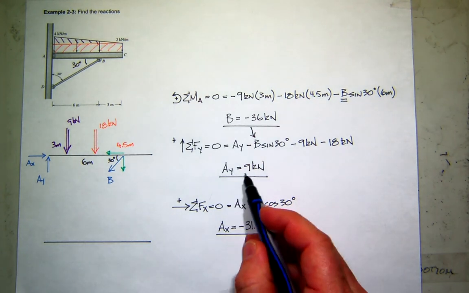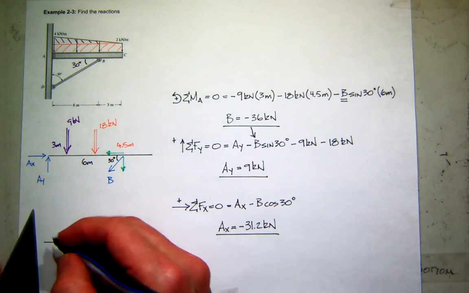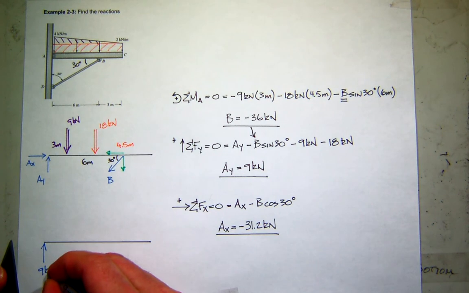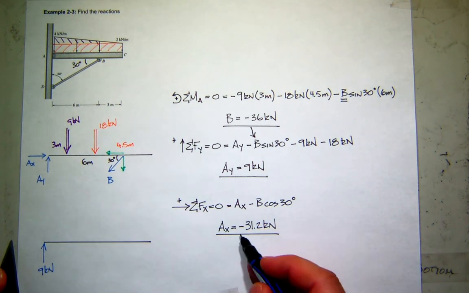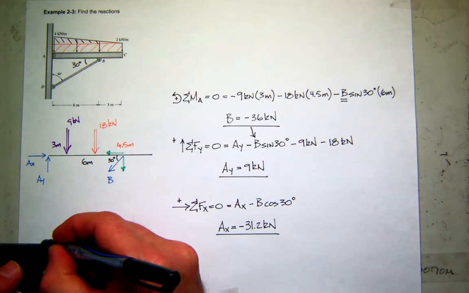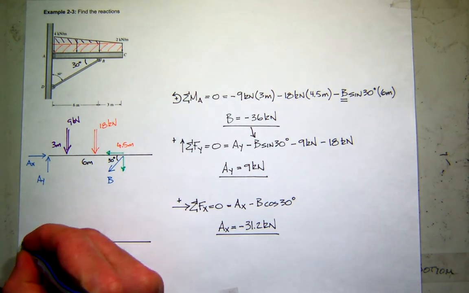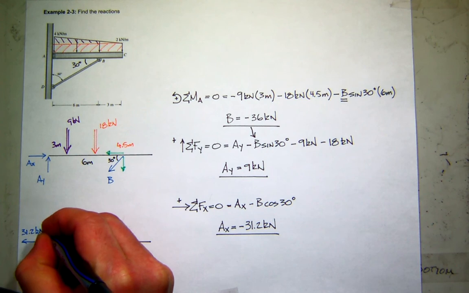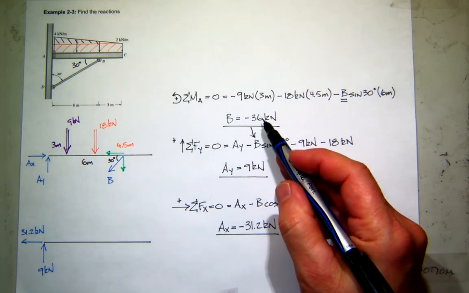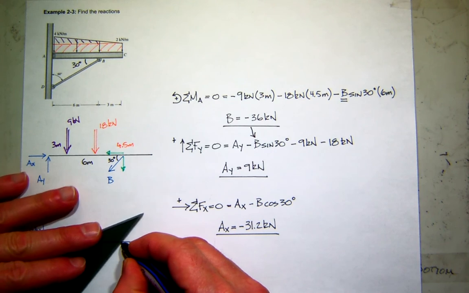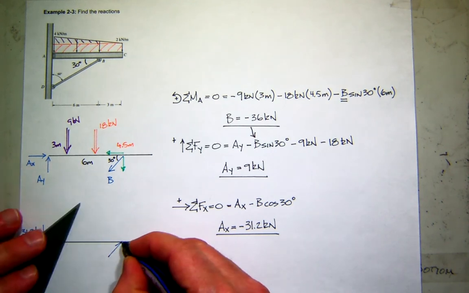AY was 9 kilonewtons up, positive, so I have a reaction force here of 9 kilonewtons. AX is minus 31.2. I assumed to the right, so it's actually to the left. B is negative 36. I assumed down, it's actually up.